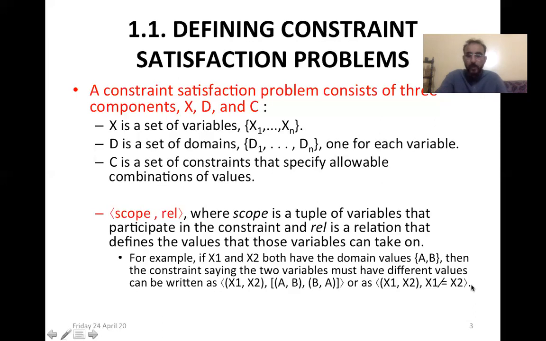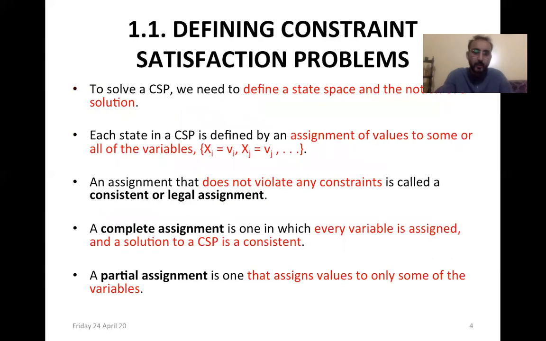Even though we are not mentioning the values a and b here, it is clear mathematically that x1 is not equal to x2. So this is also a form to represent these pairs of constraints, or you can simply say this is the form to represent constraints.